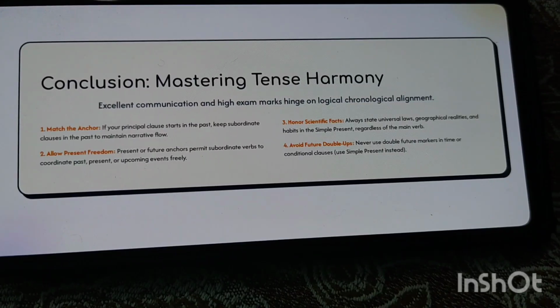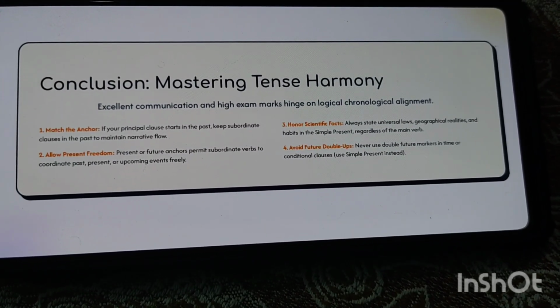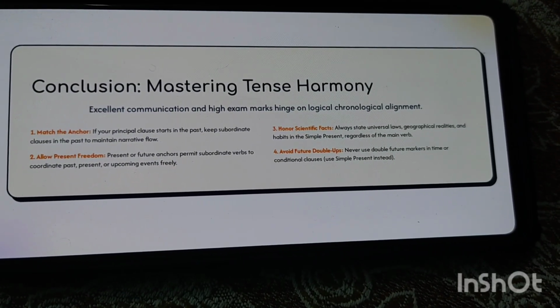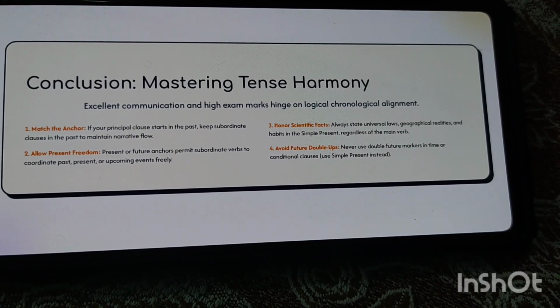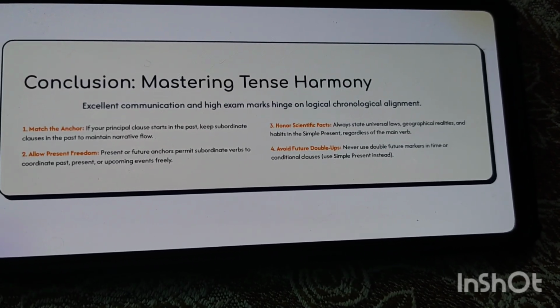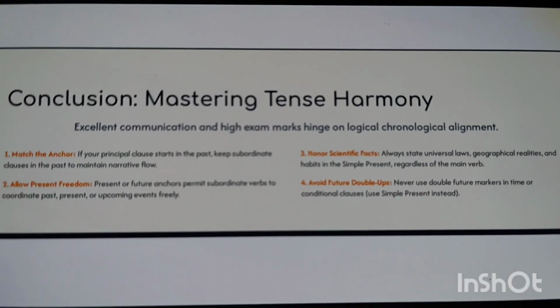Always state universal laws, geographical realities, and habits in the simple present tense regardless of the main verb. Avoid future double-ups. Never use double future markers in time or conditional clauses. Use only simple present tense instead.